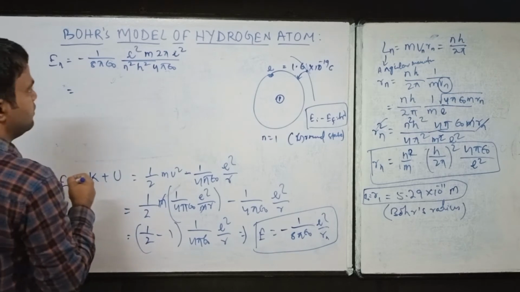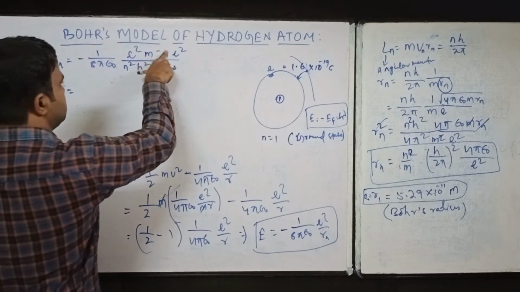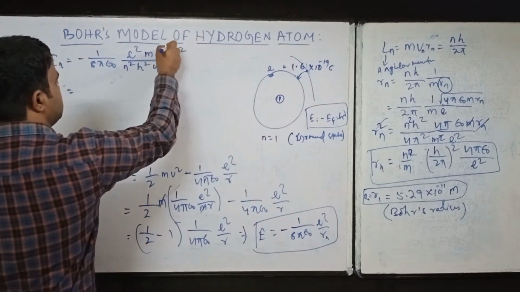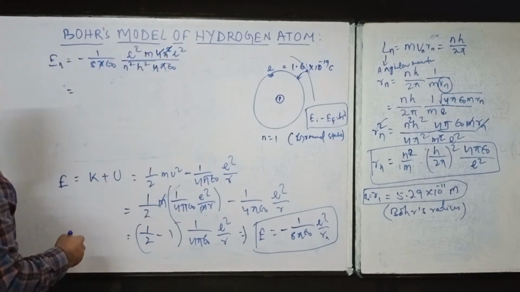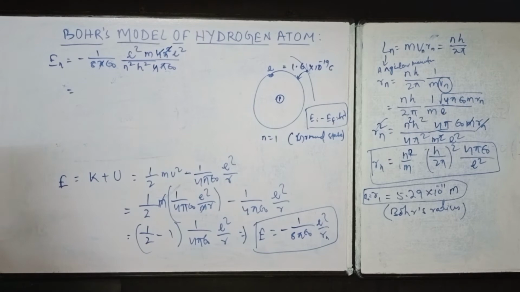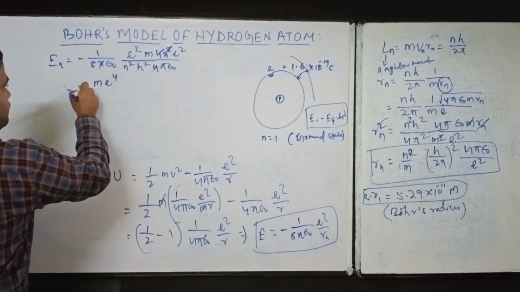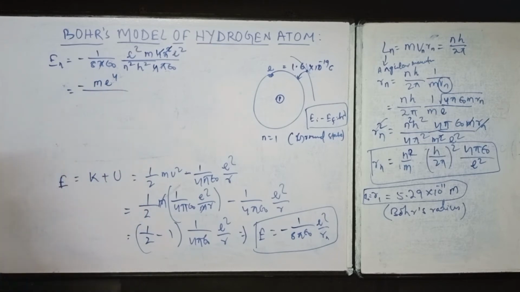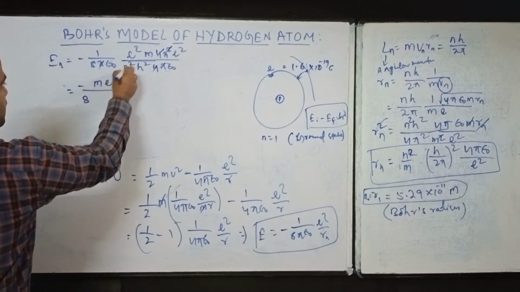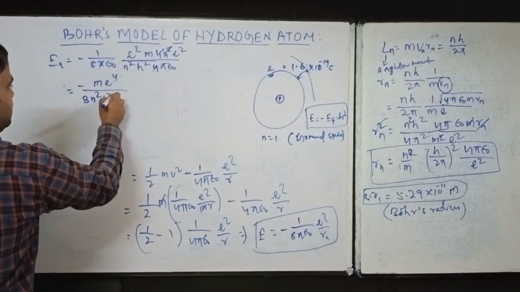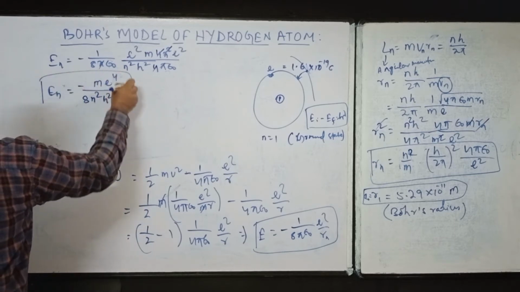In the denominator 2 pi whole square is there, so it's basically 4 pi square. Pi square and pi cancel, 4 cancelled out. So in the numerator only minus m e to the power 4, in the denominator 8 n square h square epsilon naught square, right? This is your energy of the nth orbit.